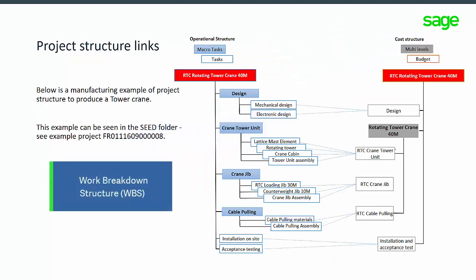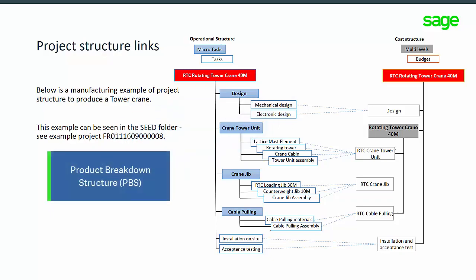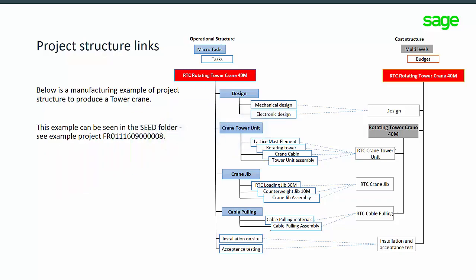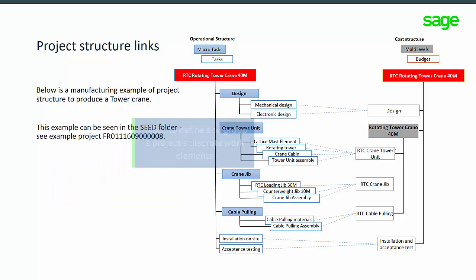Operational structure comprises labor elements in the form of a work breakdown structure and product elements in the form of a product breakdown structure. The work breakdown structure, or WBS, is a tool used to define and group a project's discrete work elements or tasks. This is done in a way that helps organize and define the total work scope of the project.